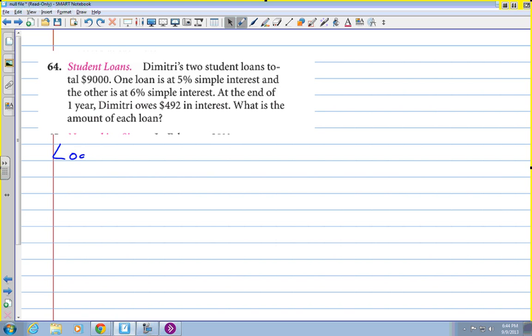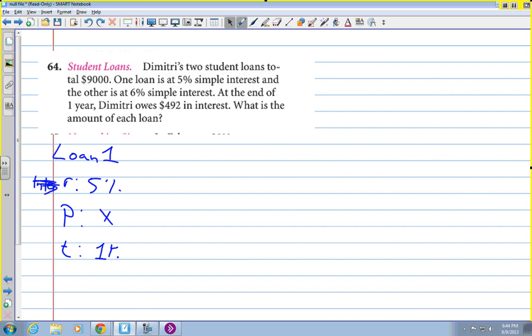Let's say loan 1. So what do we know? The interest rate, I'll just call it R, is 5%. The amount, let's call it x dollars, no idea how much. The time, in this case, is just 1 year. That makes it a little easier.